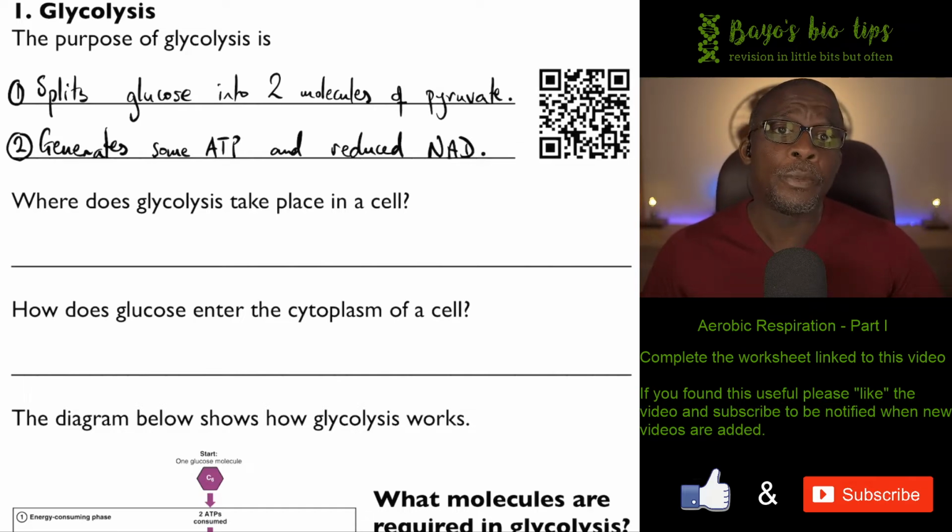Now, in this process, we talk about using reduced NAD because that is the specific molecule that is used here. In photosynthesis, a similar molecule called NADP is used. It's easy to remember that because photosynthesis starts with a P, NADP ends with a P. Whereas NAD is the molecule that's used in respiration. So don't mix those 2 up.